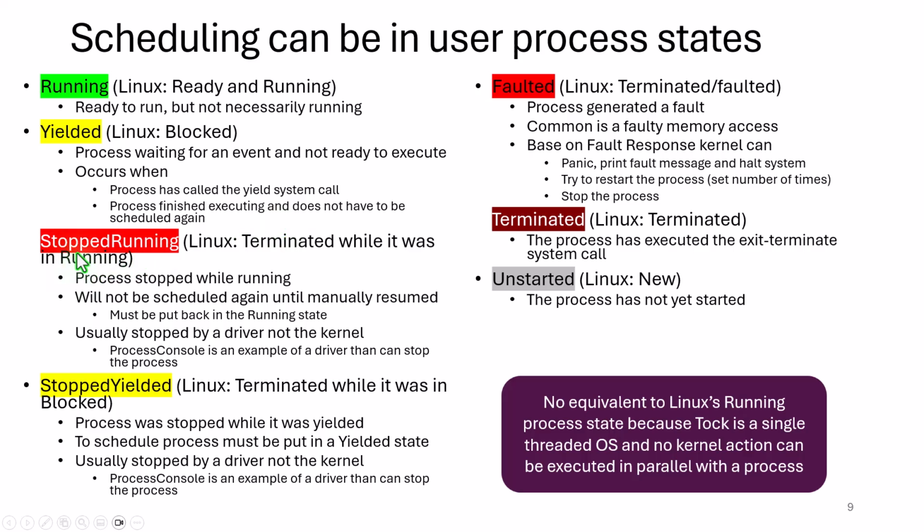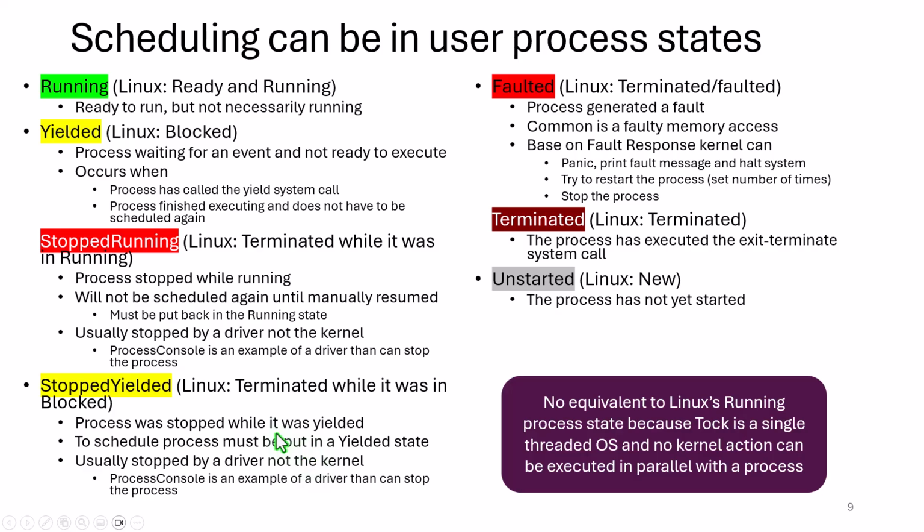There's also stopped running. This would be similar to terminate in Linux, in that it's done and it won't be scheduled again by the scheduler unless you manually resume it, to put it back in a running state. Another one is stopped yielded. Again, this one's similar to Linux terminated, like stopped running.